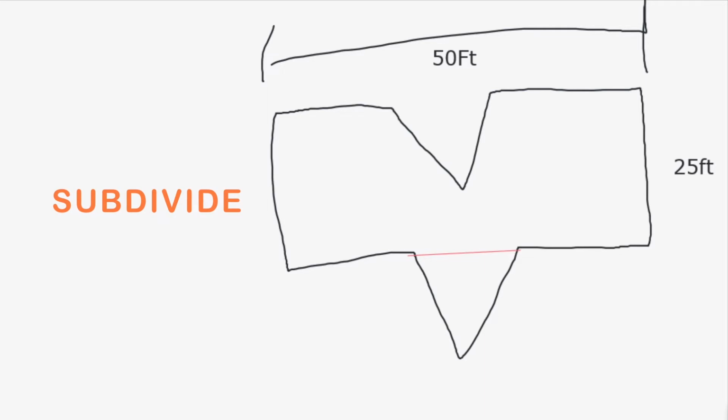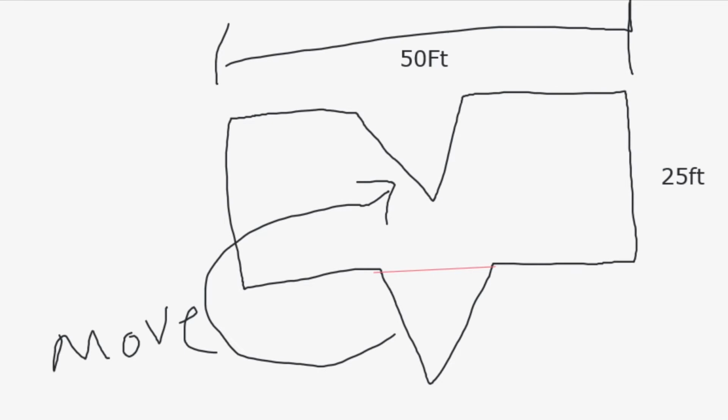In this case, there is a triangle on the bottom that can be divided. After that, you have to move it. You can see that on top there is a space where the triangle can go, so you move it from the bottom to the top.